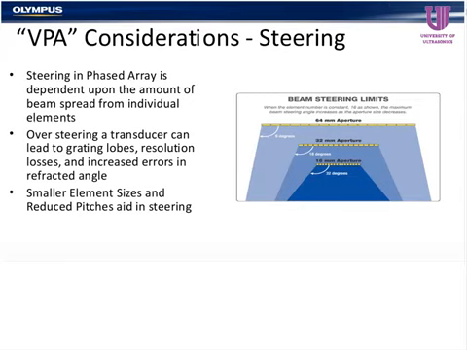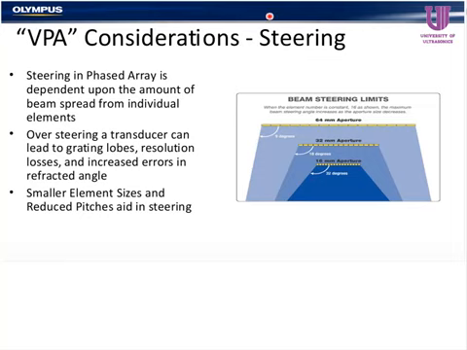And when it comes to scan planning and choosing the proper elements, another factor that we have to consider is our ability to steer the sound beams through different angles, which is typically the goal of our phased array inspection, to generate different angles to use to interrogate the part.